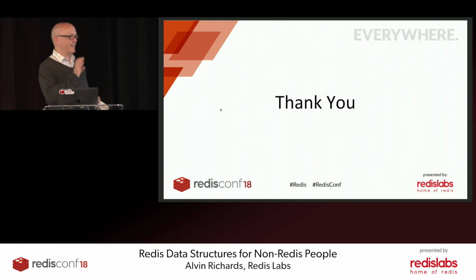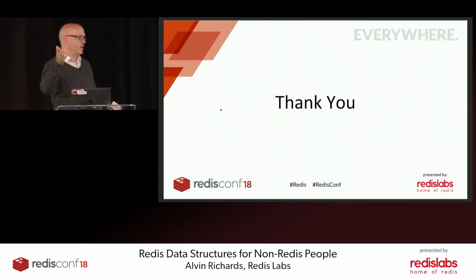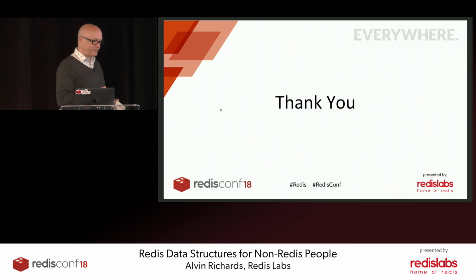Okay, so keys is a command. And the keys command, you say keys, and then you can specify a wildcard. And essentially what that will do is return all the matching keys. So let's say I've got a Redis instance with 1 billion keys in it, and I do keys star.